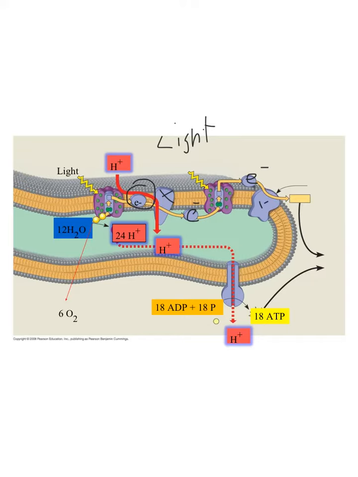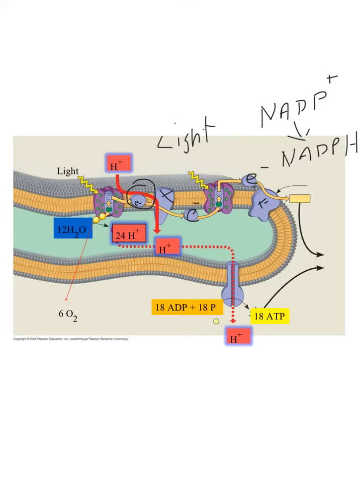And NADP reductase's job is to convert NADP into NADPH, but I don't know if you guys remember in that first video, NADP is positive, and hydrogen ions are positive.